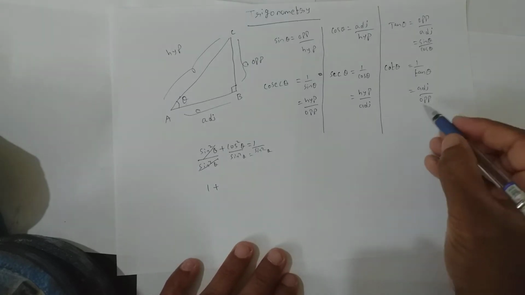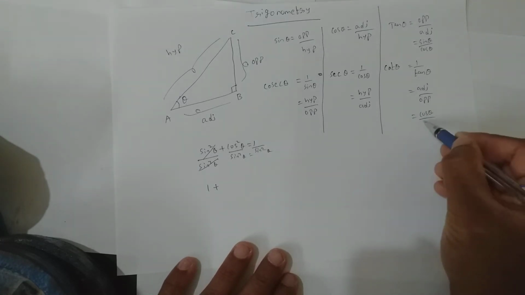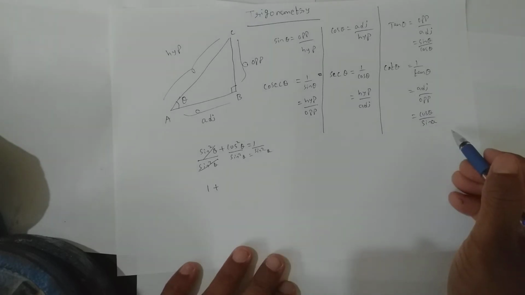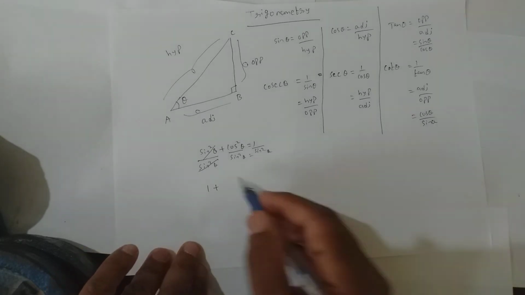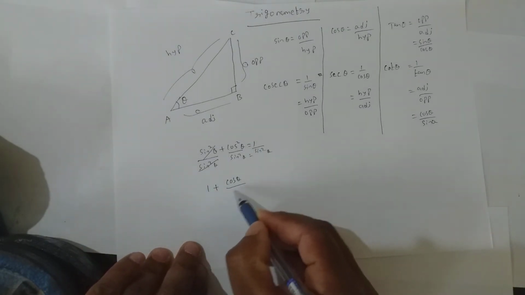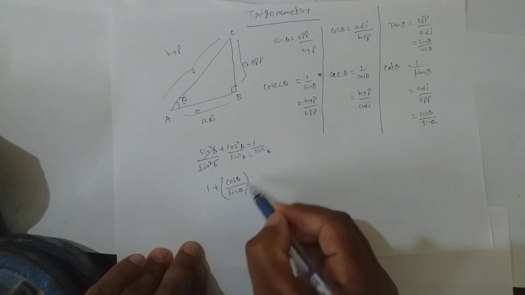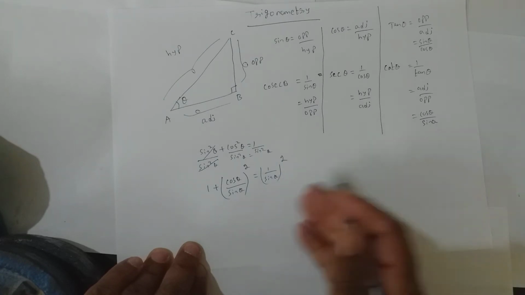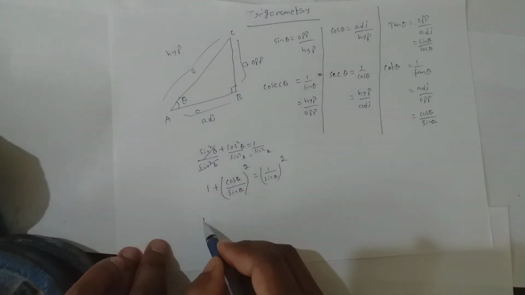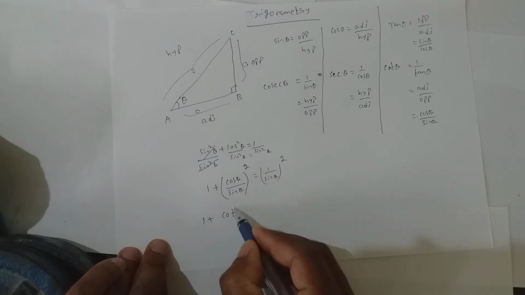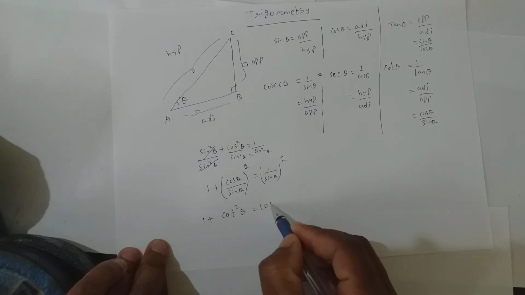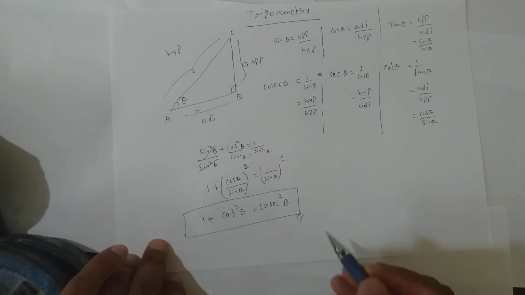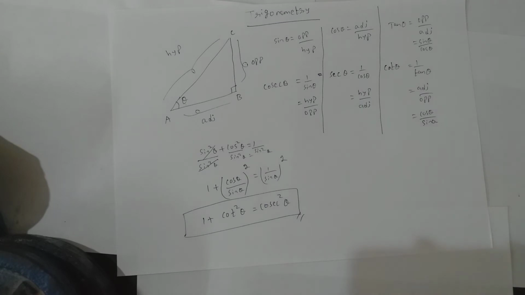In the same way, cot theta is cos theta by sin theta, the reciprocal of tan theta. Am I clear? So here cos square theta by sin square theta can be written as (cos theta by sin theta) whole square, equal to (1 by sin theta) whole square. Clear? So it is 1 plus cot square, and 1 by sin is cosec. So cosec square theta equals 1 plus cot square theta.